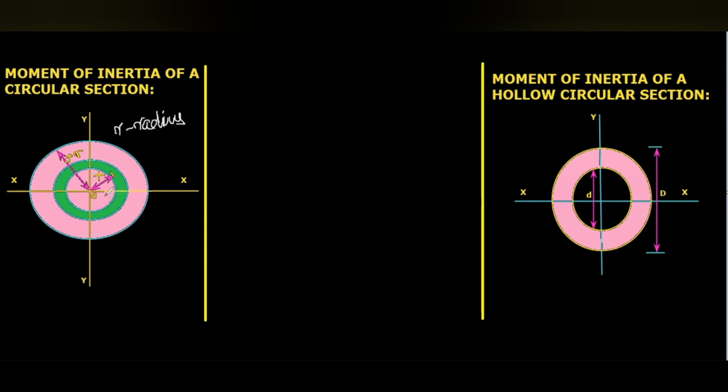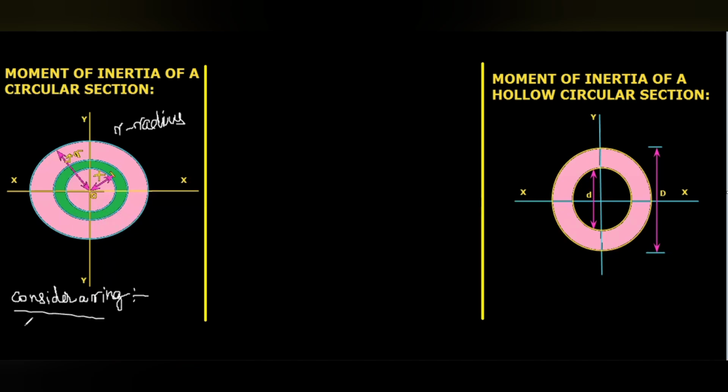Here, first consider that this entire thing is a circular lamina. First here, we are going to consider an elementary ring, for differentiation purpose.